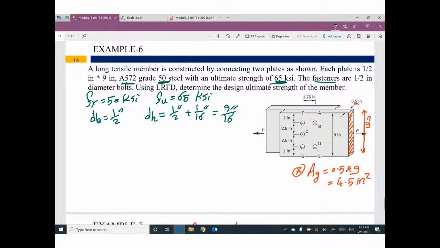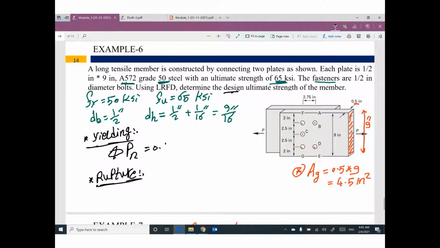If you go back to your design steps, we have the yielding criteria and the rupture criteria. For yielding, phi Pn, because we are looking for design, not nominal, equals 0.9 times area gross times F yield. Area gross for one plate is 4.5.